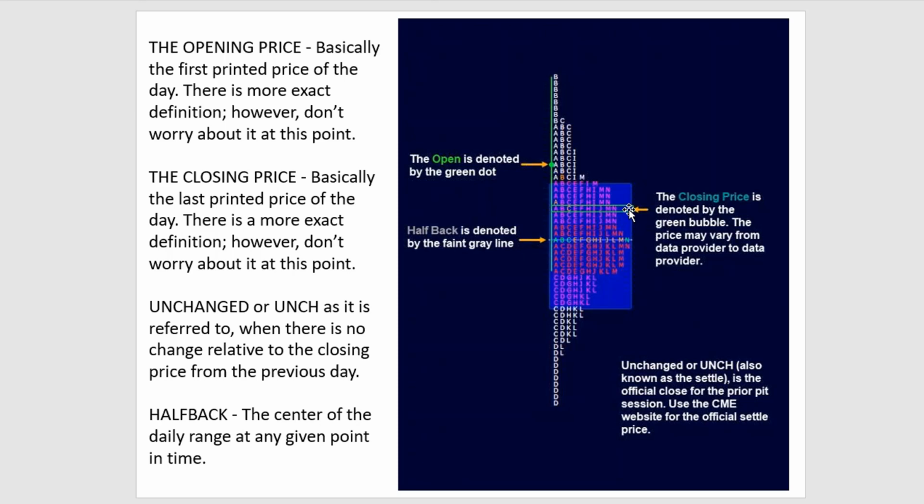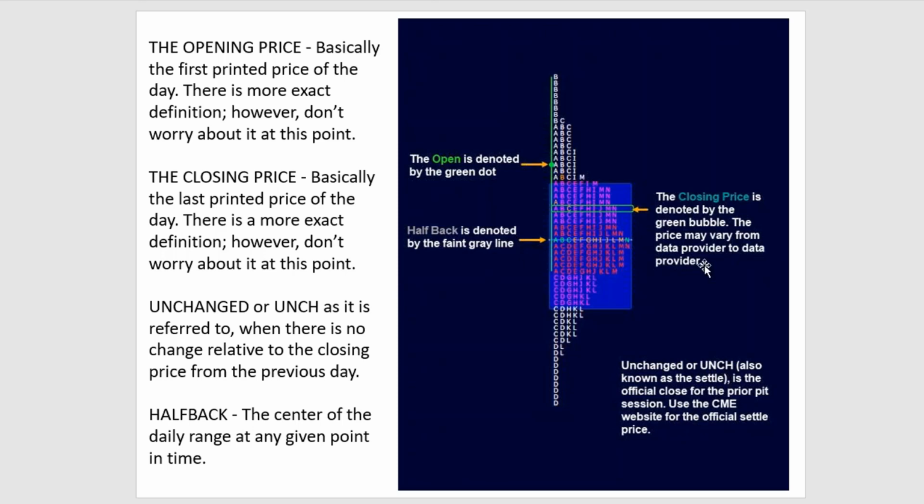We trade the ES, E-mini S&P mostly, and the CME has a published price that they put out at the close of each day. You see the line in the middle? That's what I talk about as being halfback. That's exactly halfway between the high and the low. That's all there is to it.